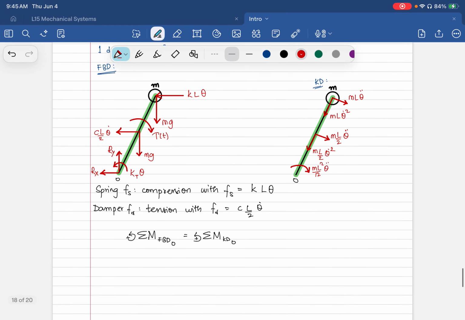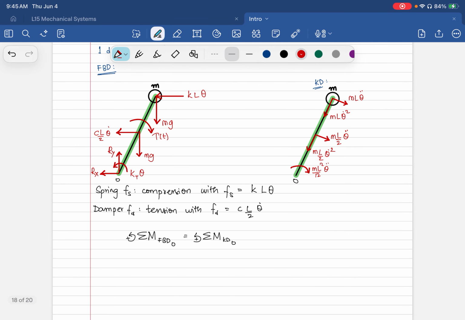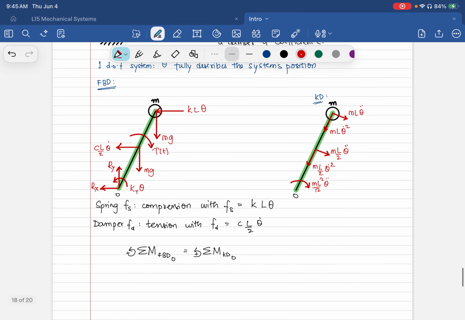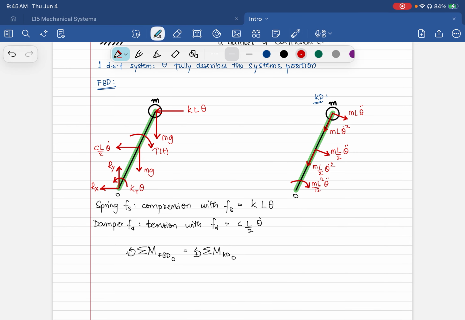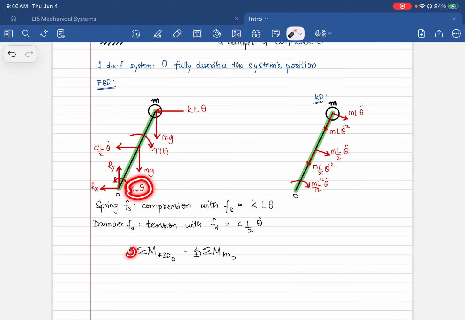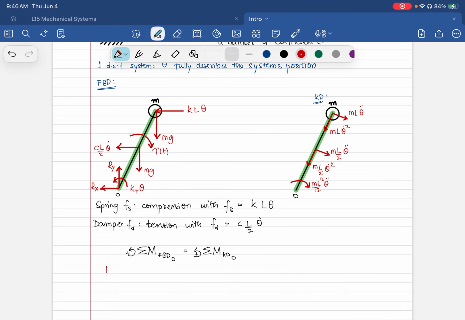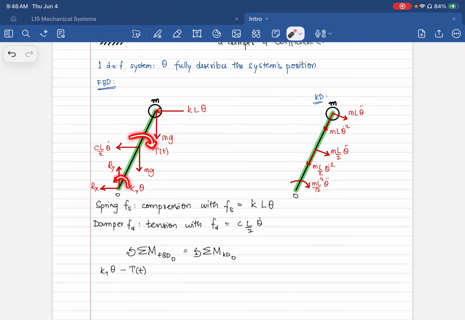Since we're taking moments, you can write down the existing torques or moments as you have kt theta in the same positive direction. So you have kt theta minus tau of t, because they're already defined as moments.